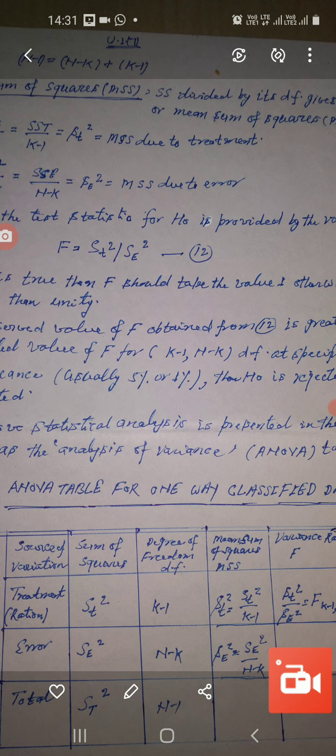Do some examples which are given in your book, and you will find it very easy. While solving some examples, you should consider that f is independent of change of origin and scale.